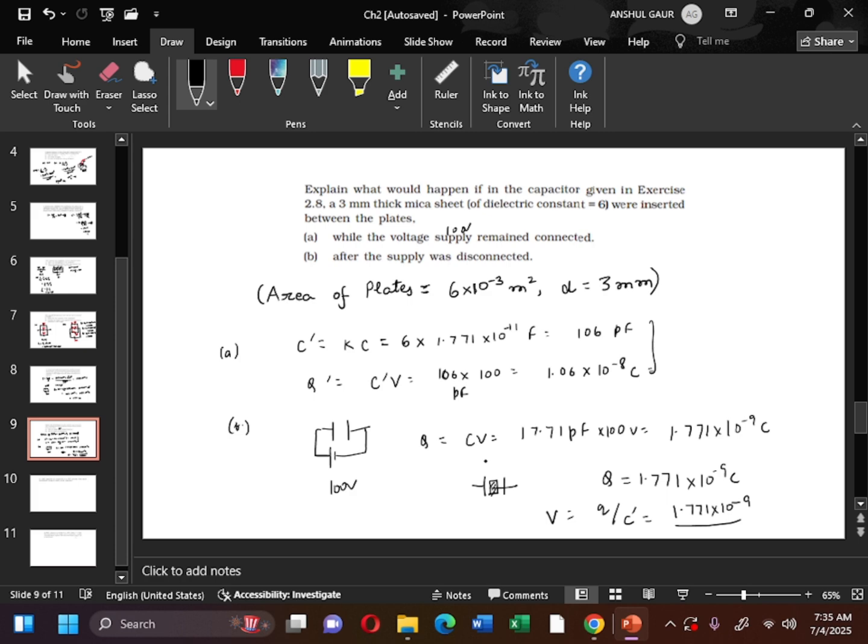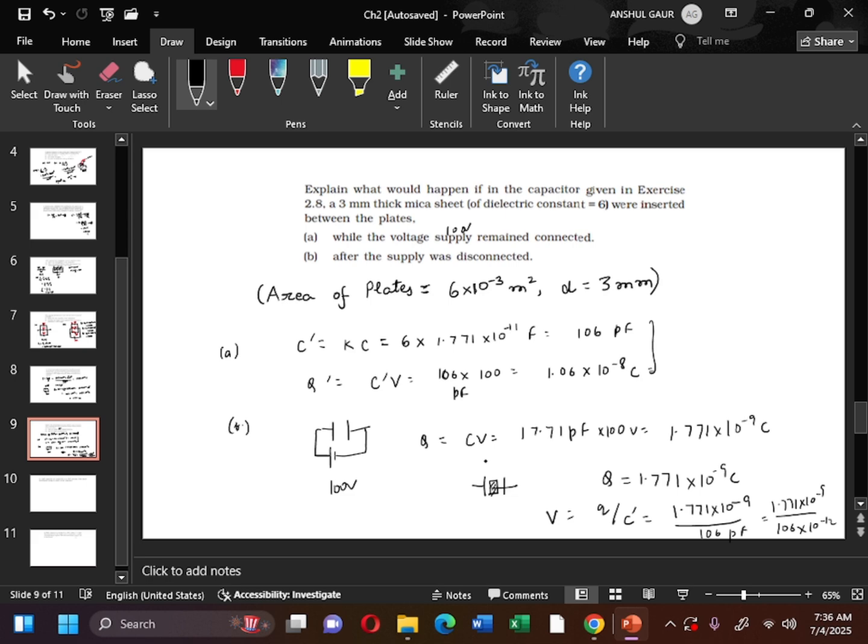So we put this value here. C dash is 106 picofarad. So we can say 1.771 into 10 to the power minus 9 upon 106 into 10 to the power minus 12.